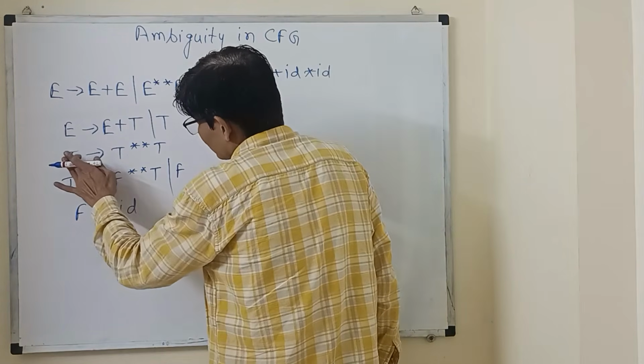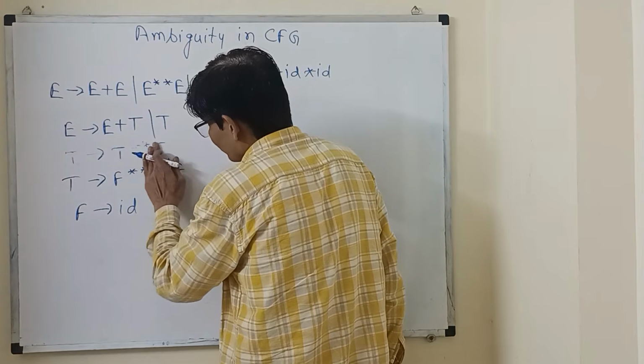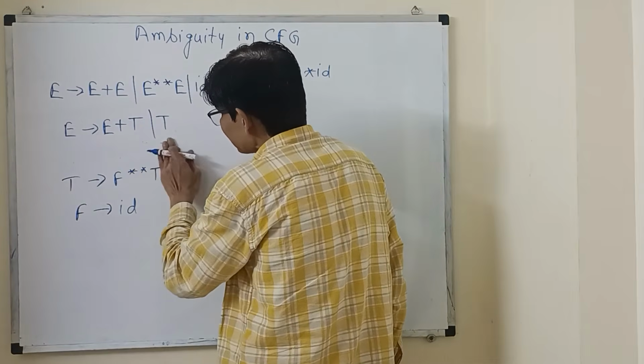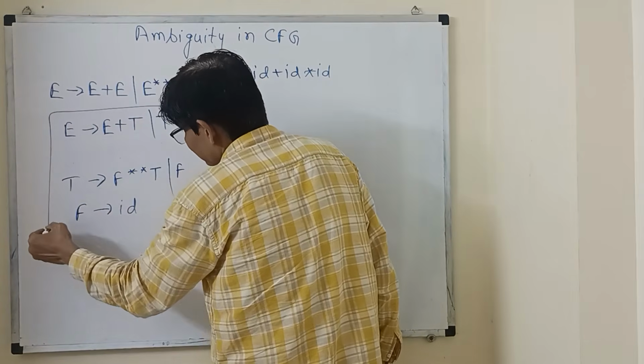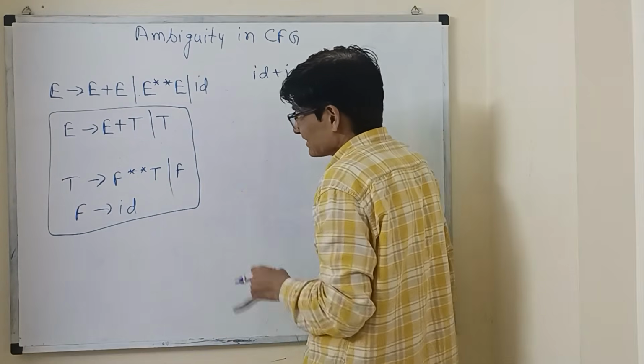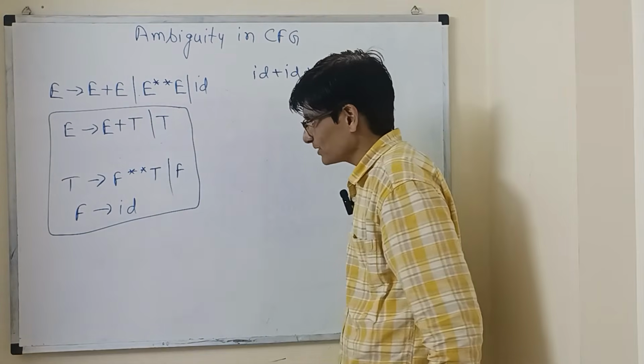So this production we can remove from here. Now this is the unambiguous version of this grammar.